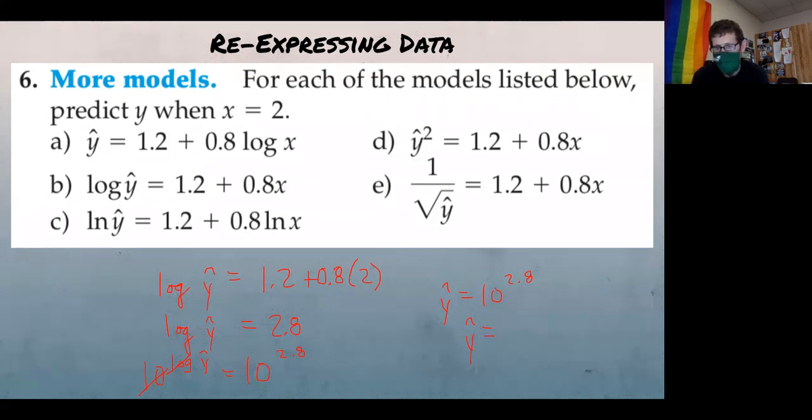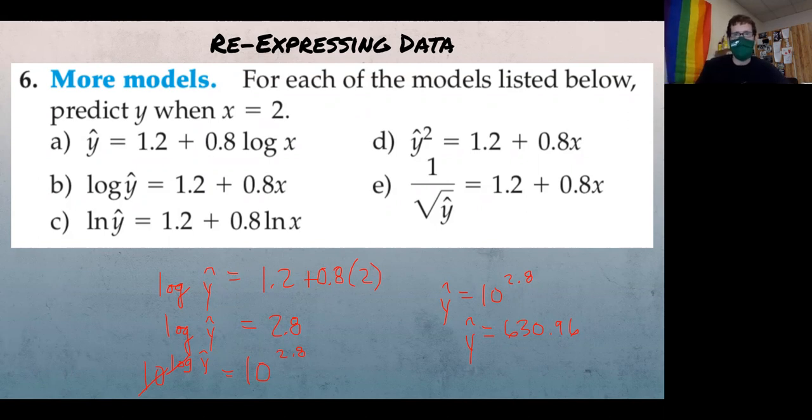I got 630.96. All right. So we are having to review some math concepts that you might not have thought about in a day or two. But if you can recall this stuff, you can see the math questions really aren't so bad.